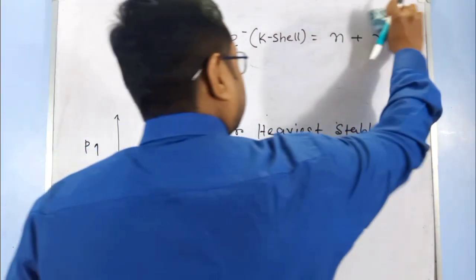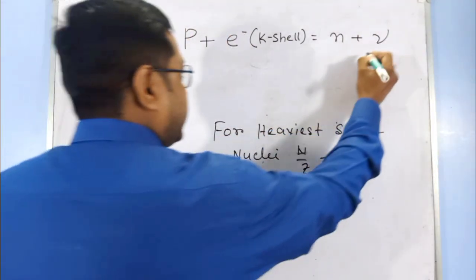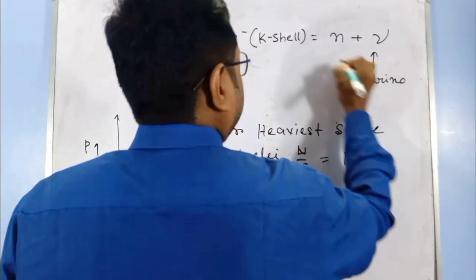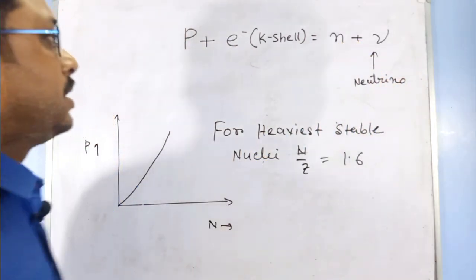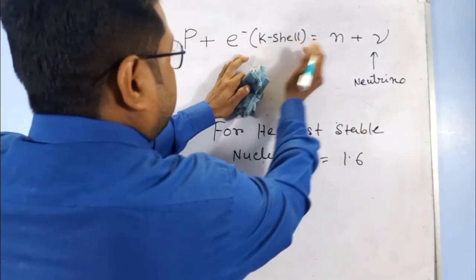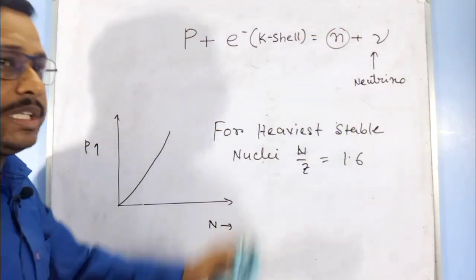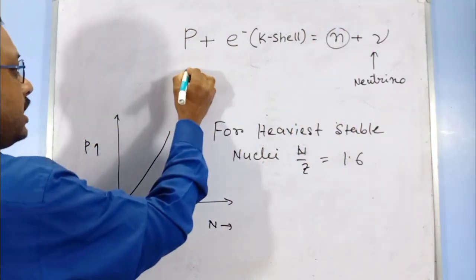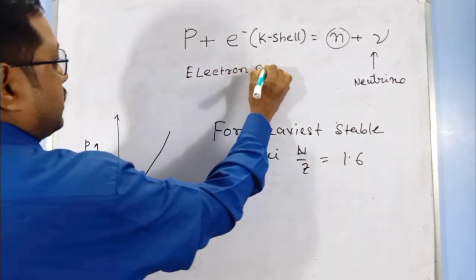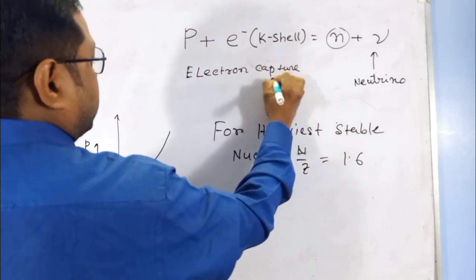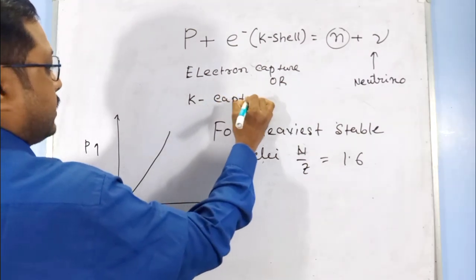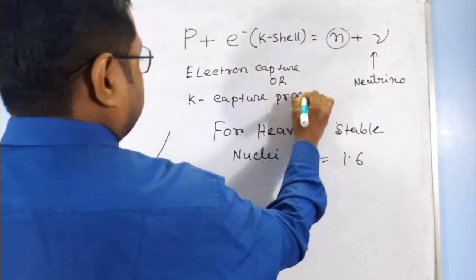Sorry, not neutron, neutrino: this is neutron and this is neutrino. So the proton captures a K shell electron, transforms into a neutron, and the nucleus becomes steady. This process is called electron capture, or as it is a K shell electron, it is also called the K capture process.